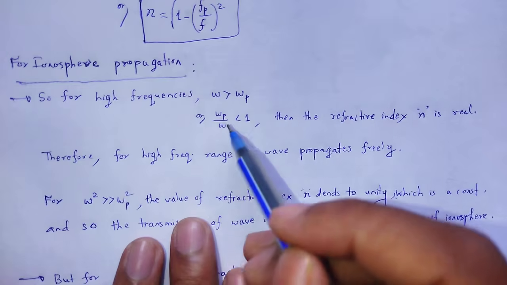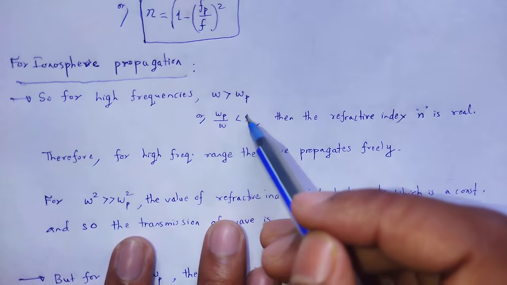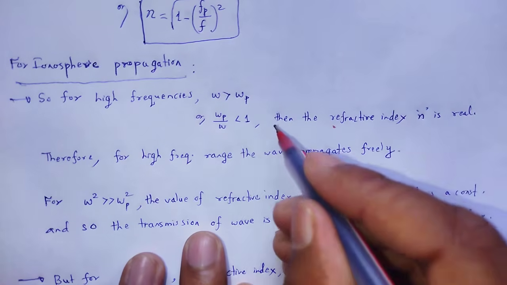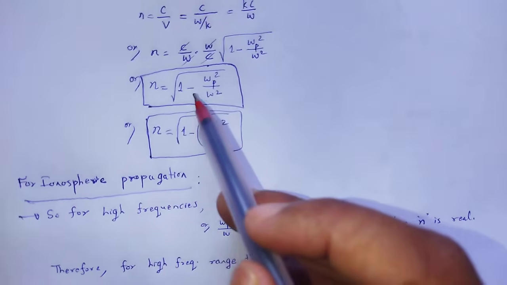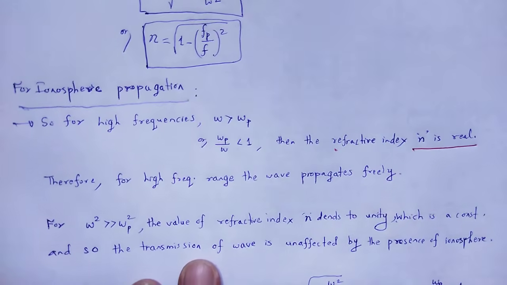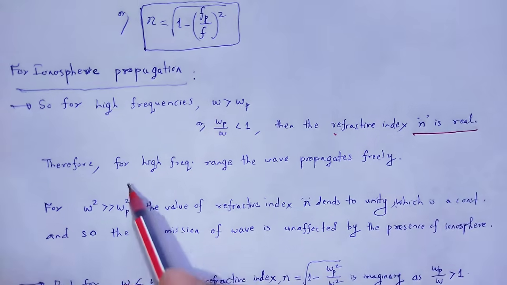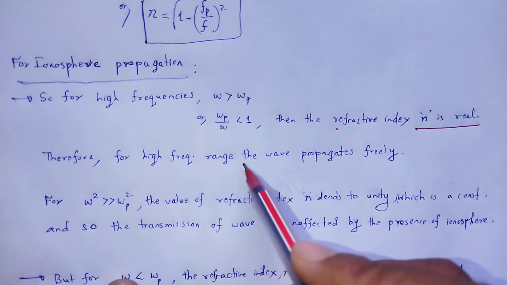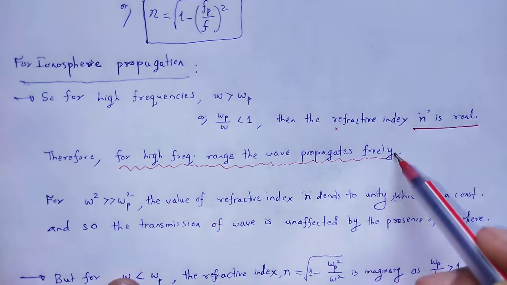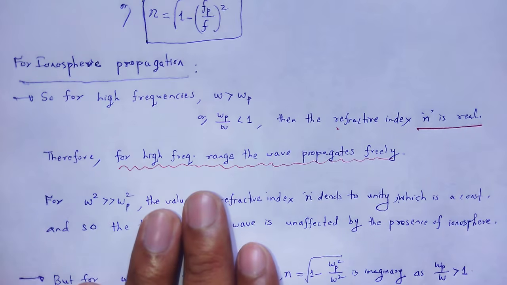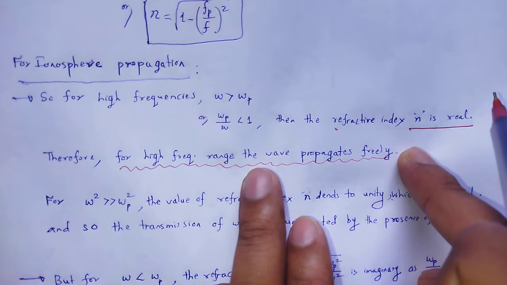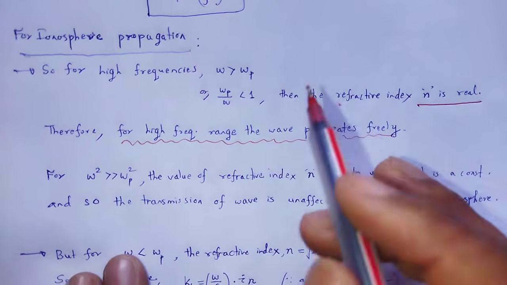omega is greater than omega p, therefore omega p by omega is less than 1. Here we say the refractive index, when omega p by omega is less than 1, n is real; in the sense, for the high frequency range the wave propagates freely. If that electromagnetic wave has high frequency, then it can easily propagate through the ionosphere.